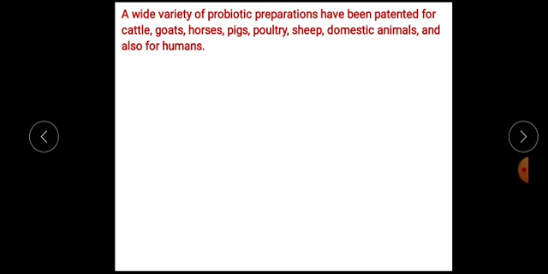A wide variety of probiotic preparations have been patented. They are not only used in humans, but for the good health of different animals. These microorganisms are patented. Cattle, goats, horses, pigs, poultry, sheep, different domestic animals, and also humans receive probiotic preparations.